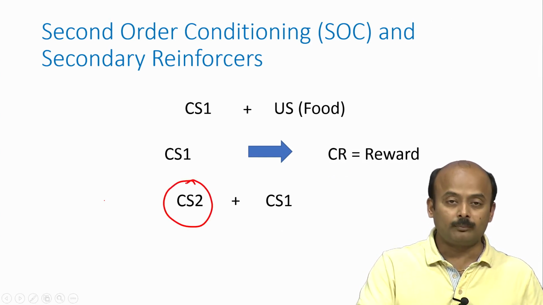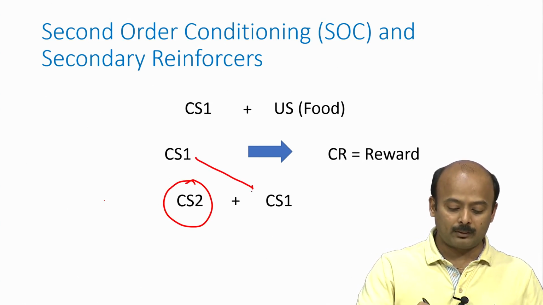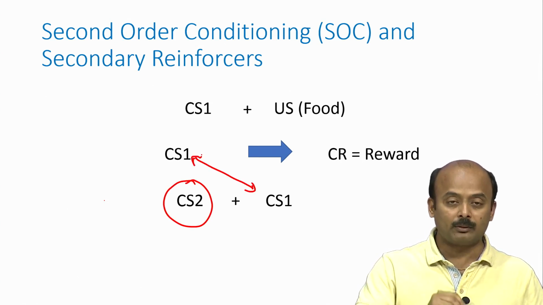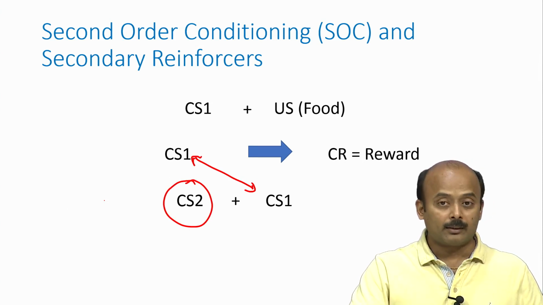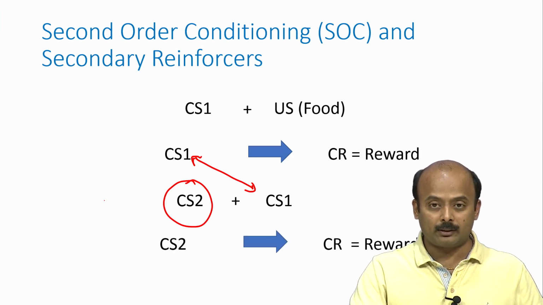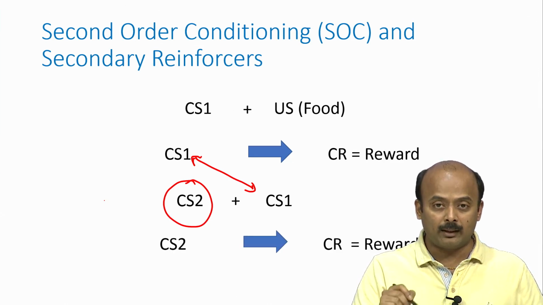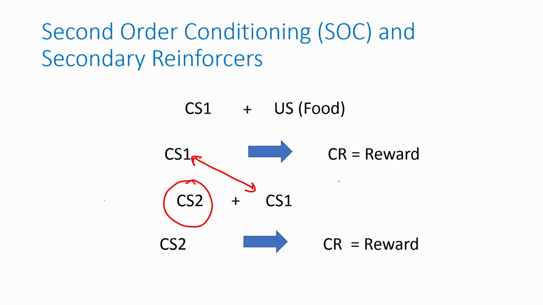Now the animal can elicit another response, maybe the same, maybe different, but it can elicit another response. This again will be a reward response, that is the key here.